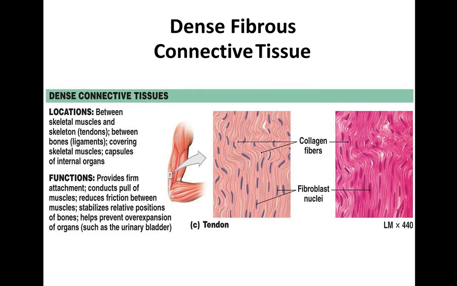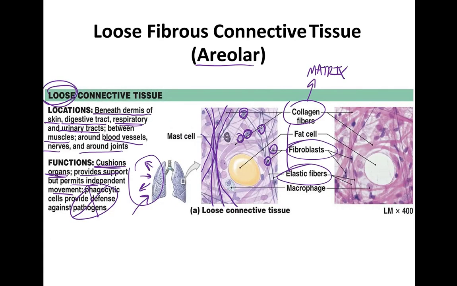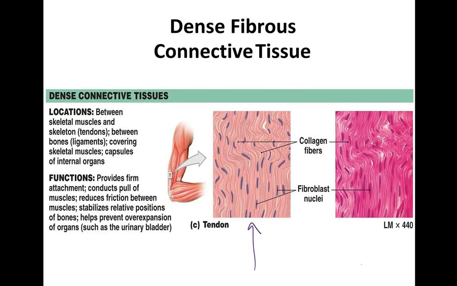Next up, we have our dense fibrous connective tissue. Now, just at a glance, you can see the difference. Look at how much white space there is on our areolar tissue compared to how little white space there is on our dense fibrous tissue. Okay? You find dense fibrous connective tissue where you need firm attachment. Okay?